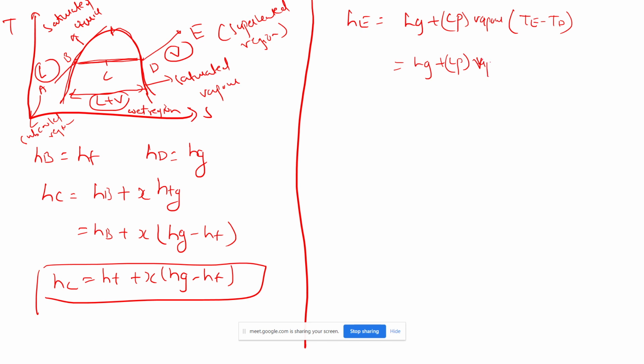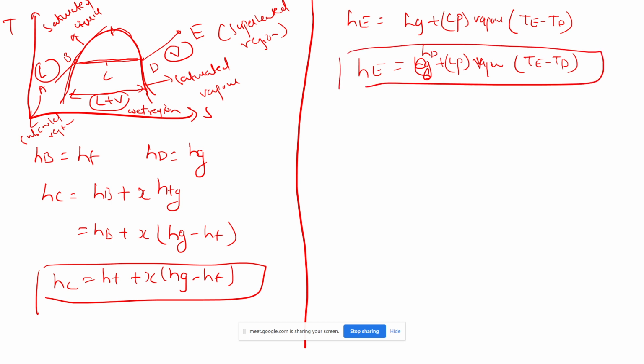TE we know the temperature, and TD also we know, so directly we can write. And HD is also Hg, that's why we are writing it in this one.